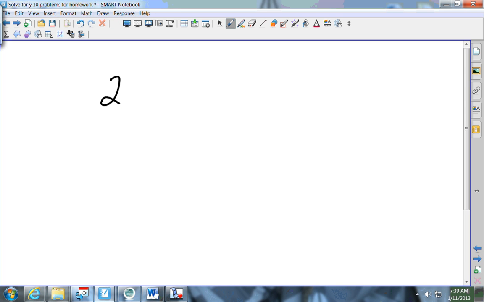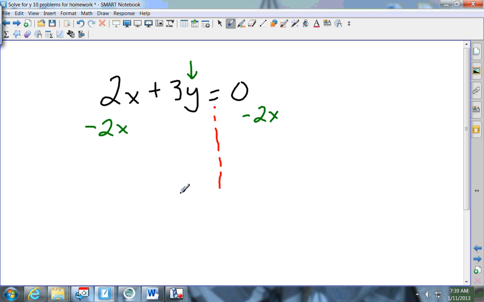We have 2x plus 3y equals 0 is the next one, the seventh one. Remember, here is your y. Addition and subtraction first, so I'm going to subtract 2x from each side. I get 3y equals negative 2x. No 0 goes there. I mean, you can leave it there, but I'm just going to drop it off.